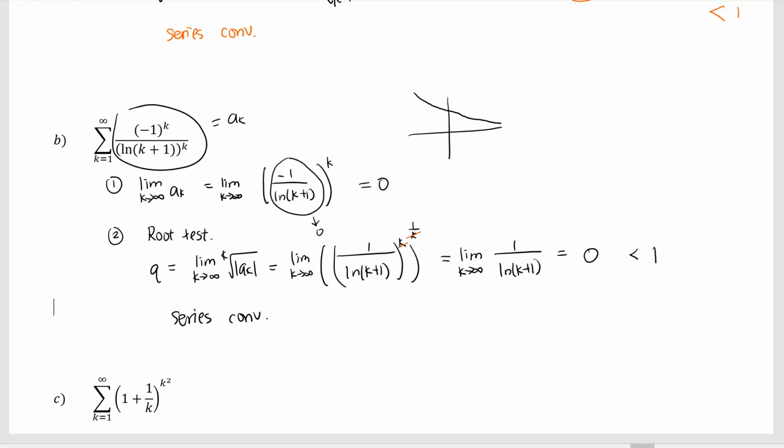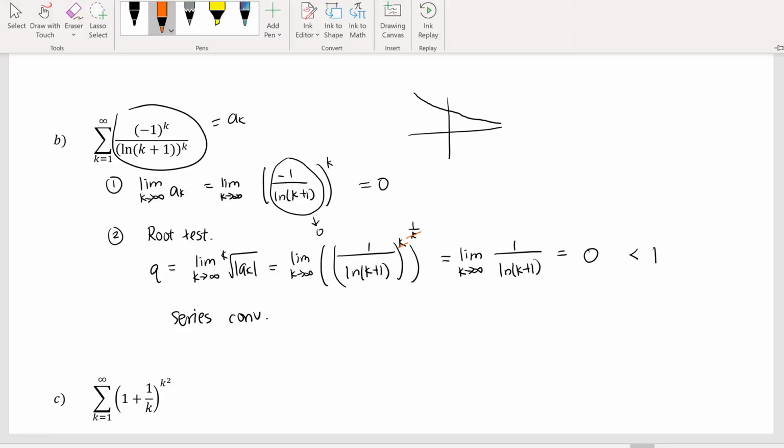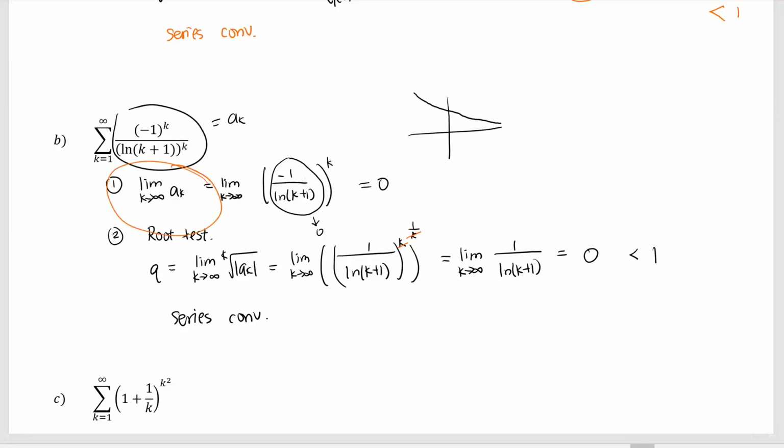Here I want to emphasize something. Sometimes students get confused about the limit of a sub k and q. Let's say they get q is like 1/2, and they say this is not 0, so it diverges by the divergence test. No. In the divergence test, we are looking at the limit of the sequence a sub k, whereas in the root test, we look at the k root of the sequence.